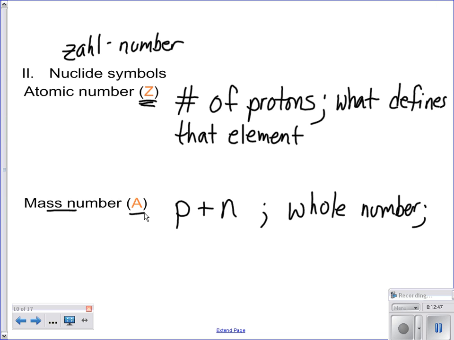But those are not whole numbers, so therefore those are not mass numbers. Instead, mass numbers are going to be the whole number, so therefore it is not on the periodic table. We do not see mass numbers on the periodic table. It's the number of particles in the nucleus, but it's not written on your periodic table.